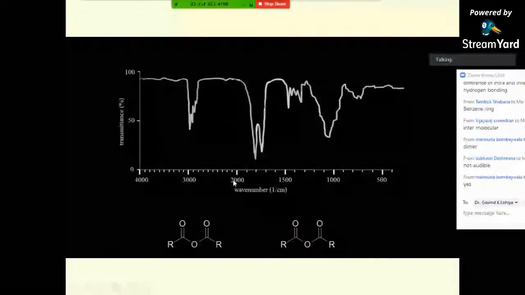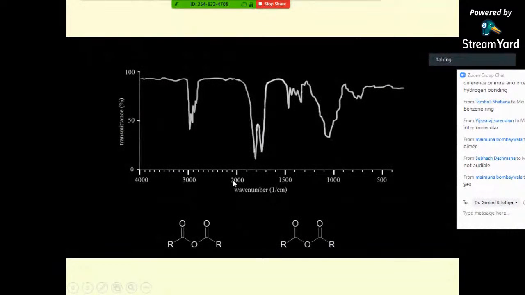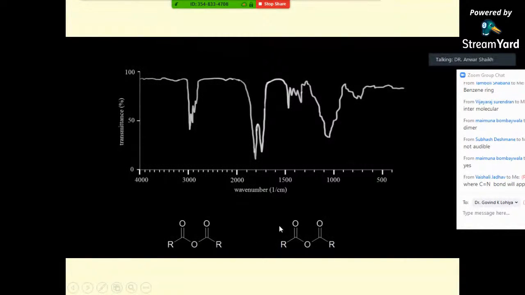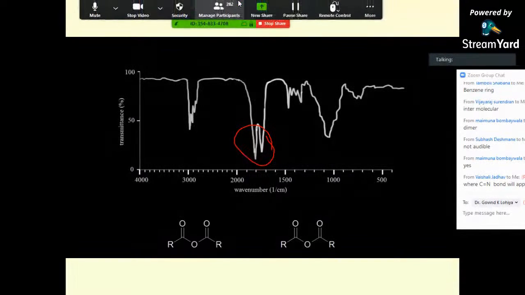Now if you consider the spectra of, for example, anhydrides, in the case of anhydrides you will be getting the peak due to the carbonyl, maybe in this region. It is bifurcated into two.